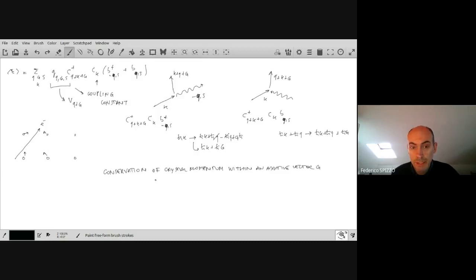For instance, when we will see the interaction between electrons, phonons, and photons, or electrons, phonons, and other external particles. We'll consider in particular the case of neutrons. So in this picture, we always have to consider that the conservation of crystal momentum is not strict, but is always within an additive vector G.